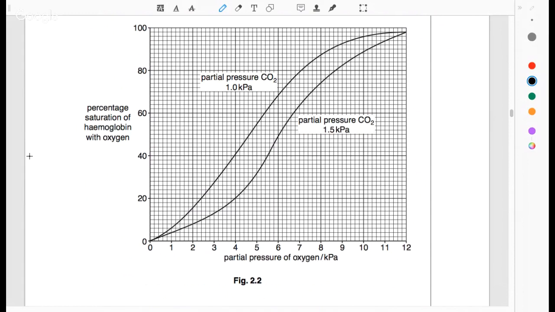But you get it for 55 as well. And how about for 1.5?